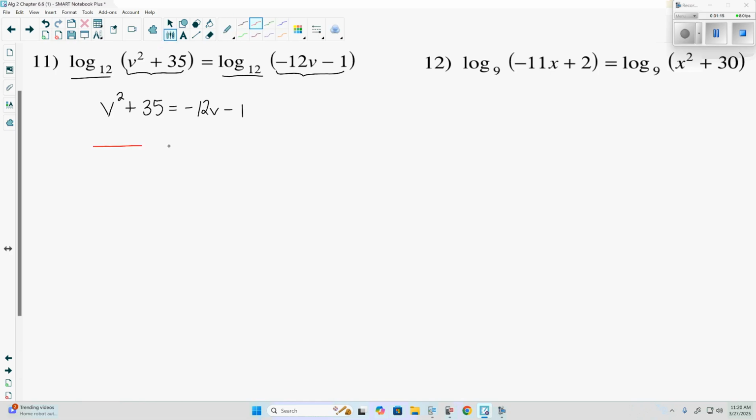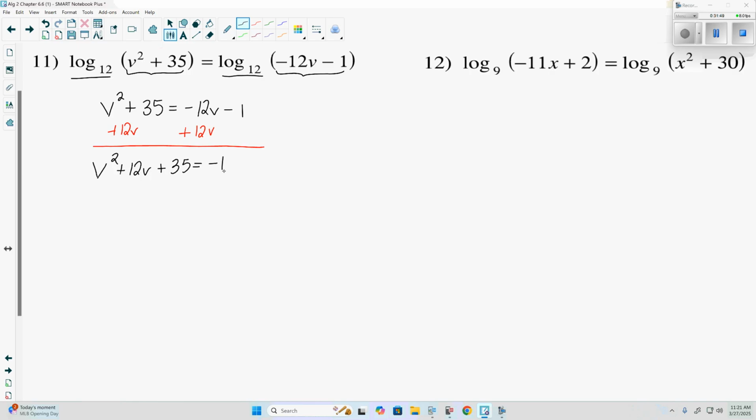Now this here is the first problem that we have where we have a quadratic term, a v squared or x squared term in the equation. And whenever we have this squared term, this variable squared, we need to get the equation equal to 0. So we can add 12v to both sides. V squared plus 12v plus 35 is equal to negative 1.